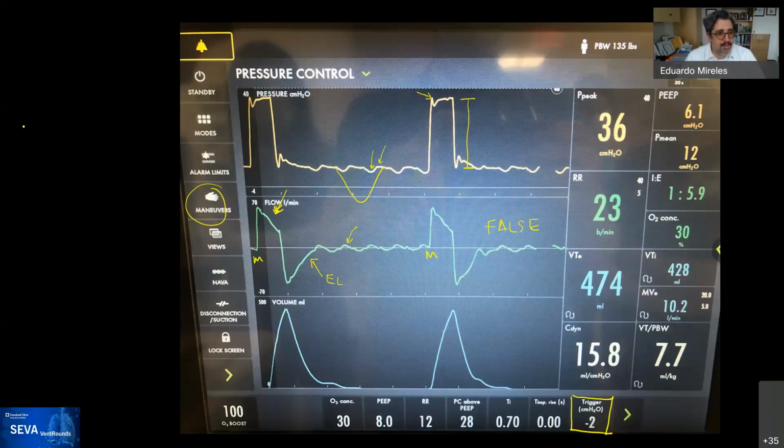Very good. So just to summarize, in this case, it's still PC-CMV, the load is elastic, and we know that just by looking at the time that it takes to get back to baseline, and you also can see the amount of pressure this individual is having. The trigger is a false trigger.